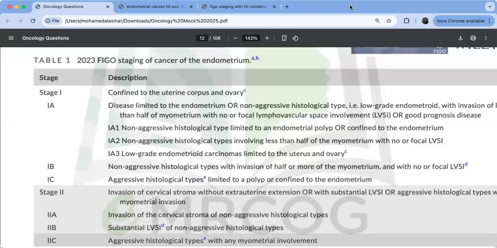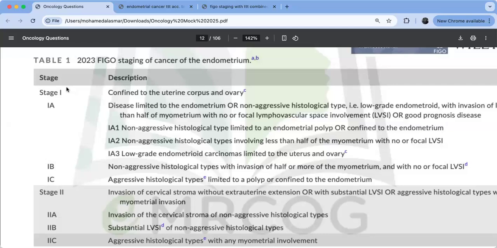Another thing is that in early stages, especially if it's a confined tumor, I don't need to add therapy like radiotherapy or chemotherapy, correct? So those are the principles and the background of why they have changed the FIGO classification now in 2023, because they are trying to include, as I told you, more information about the behavior of the tumor. Clear? Not only the surgical staging or the anatomical description.